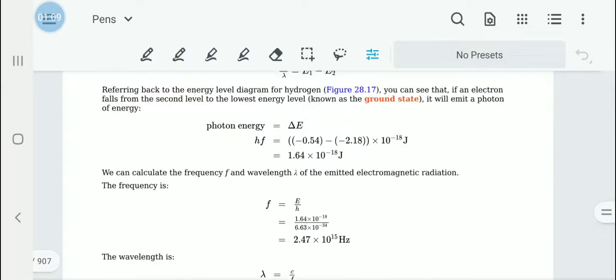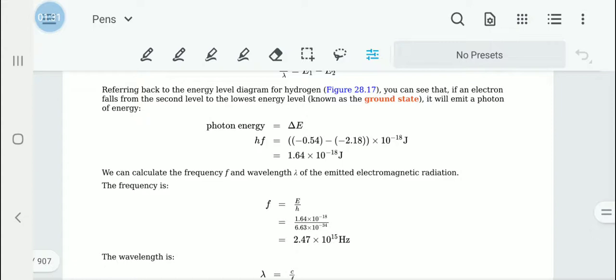Then to prove this, we can take the earlier example. In hydrogen, if the electron falls from a higher energy level, here we take the second level, to the lowest energy level, which is referred to as the ground state, it will emit a photon.